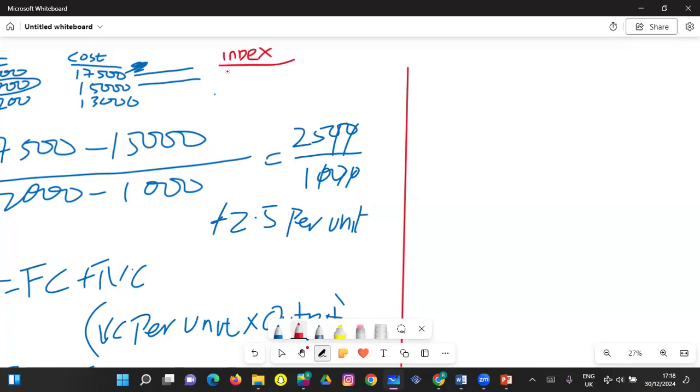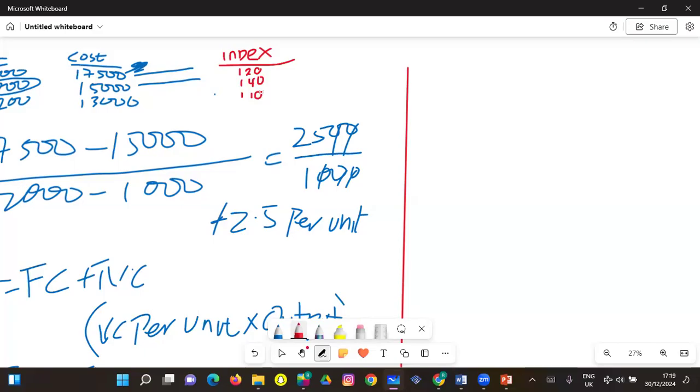Let's say for the first one the index is 120. And let's say the second one is 140.